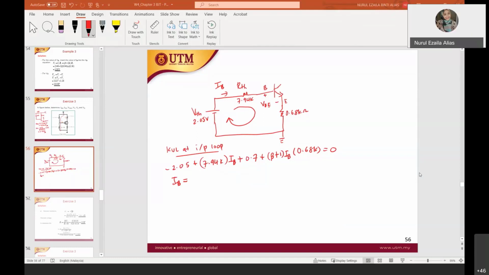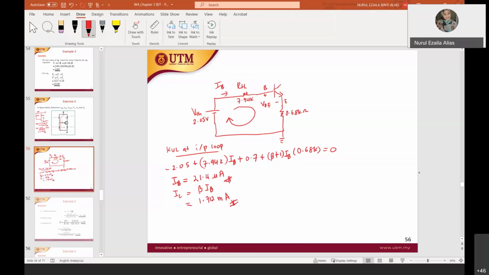IB is 21.4 microampere. Because I take more significant digits, maybe we got a slightly different value. How about the rest? Did you get 21.4 microampere? Yes. And then IC is equal to beta IB. How much is the value? 1.712 milliampere. Okay, great.